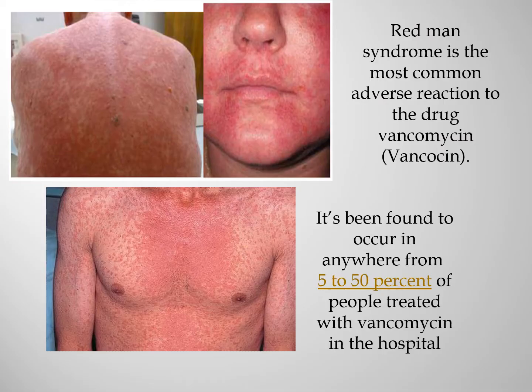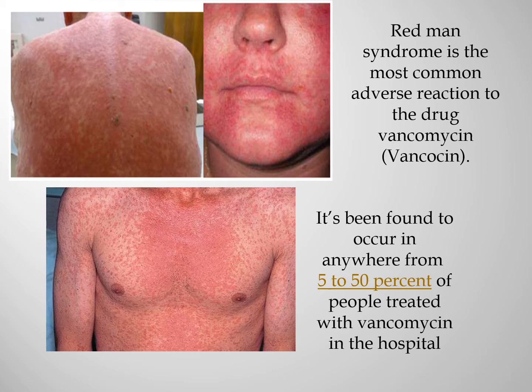Okay, so this slide is showing you the rash of red man syndrome from vancomycin intravenously. And it's typically an itchy rash, diffuse all over the body, and most often occurs because of the infusion rate of the vancomycin. It can still occur even if the vancomycin has been given over an hour.